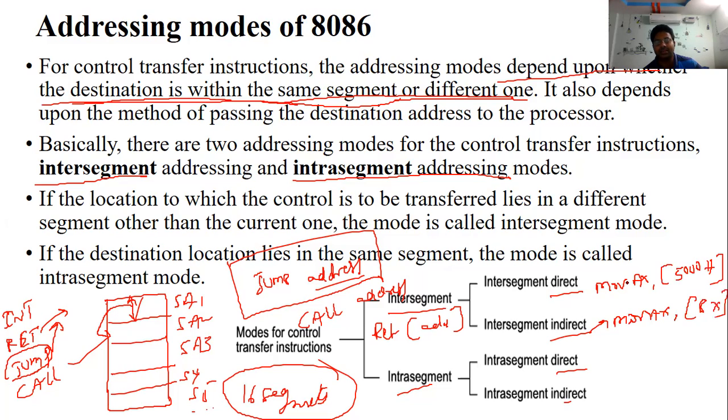This is the indirect, and this is the direct address. This is the direct addressing mode. Direct means the instruction itself represents the address value. What is indirect? The instruction itself represents some register value, like a source index or destination index value. That points to another address location, and then data from that location goes to the AX. So this is a two-step process, and the direct one is a one-step process.